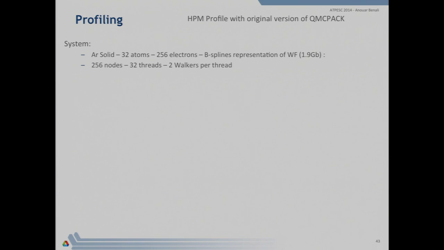We have a wave function whose size is 1.9 gigabytes, and as I said, the wave function has to sit on a node. A node on BlueGene/Q is 16 gigabytes, so we're fine. We use 32 threads, 1 MPI task, and 2 walkers per thread.